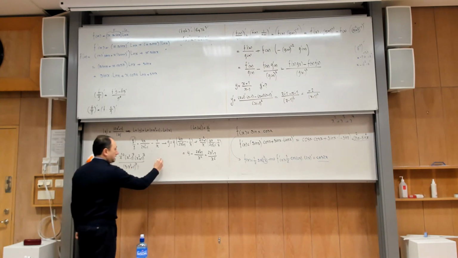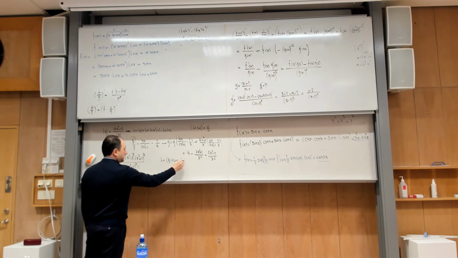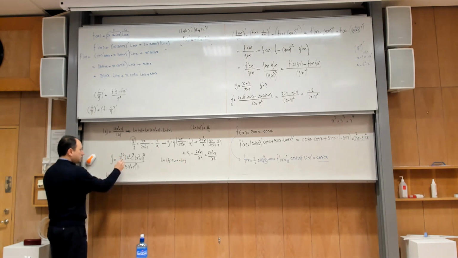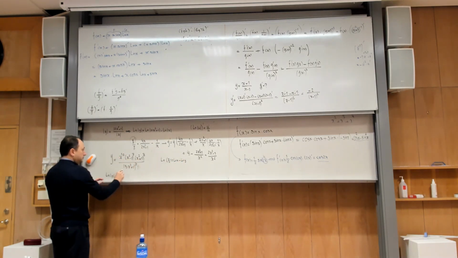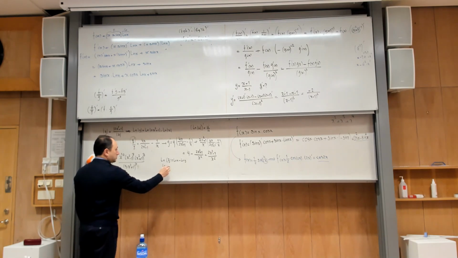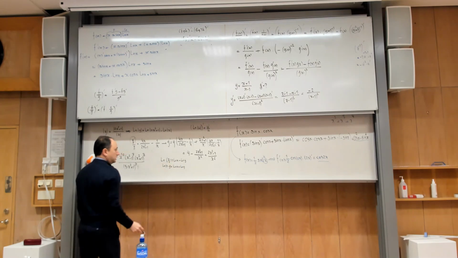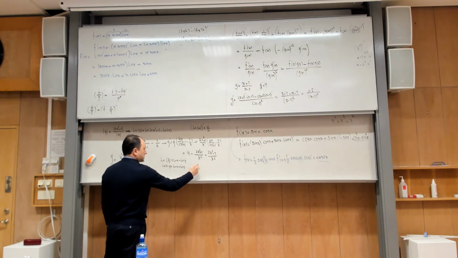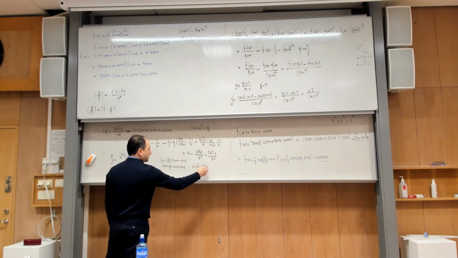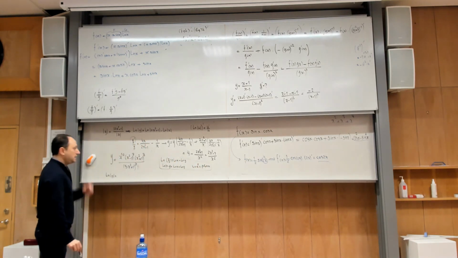So this becomes ln of the numerator minus ln of the denominator. But the numerator is a product, and if I have ln of x times y, it becomes ln of the first one plus ln of the second one. And if I have a power on my x, the power will go in front. So these three formulas make this a little bit simpler.